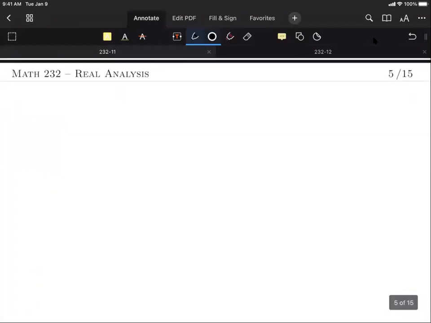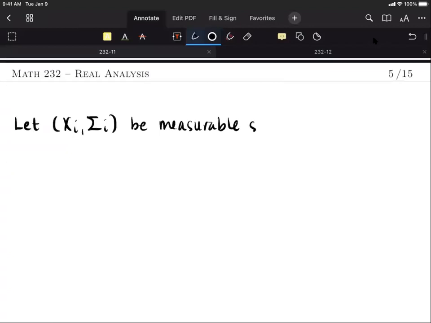Okay, so that's the initial sigma algebra. We now discuss product sigma algebras. And this definition will be based on initial sigma algebras. So again, consider an indexed family of measurable spaces for all I in the index set.